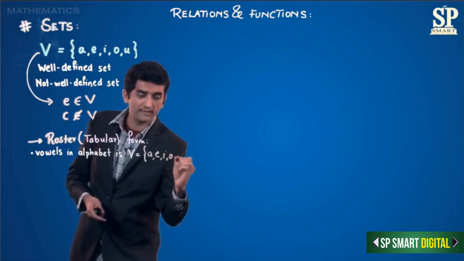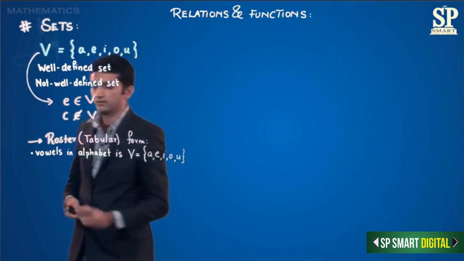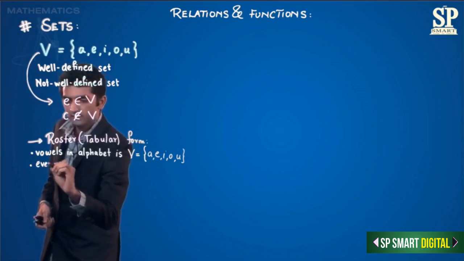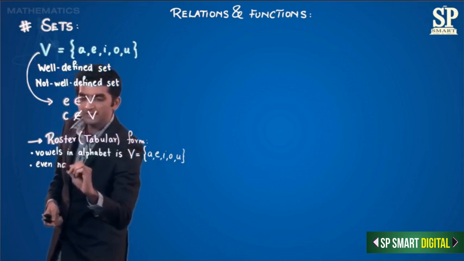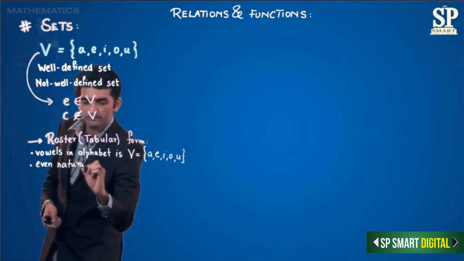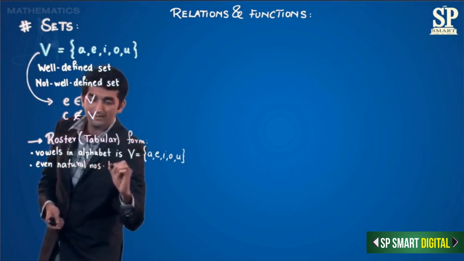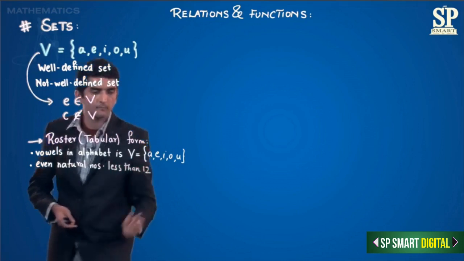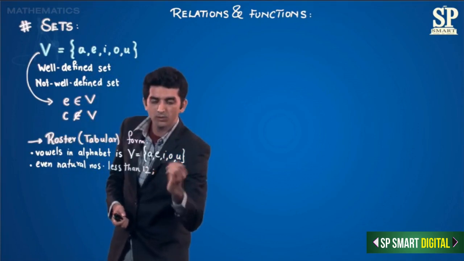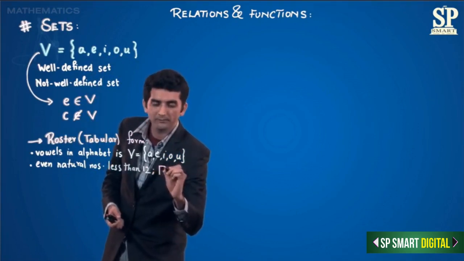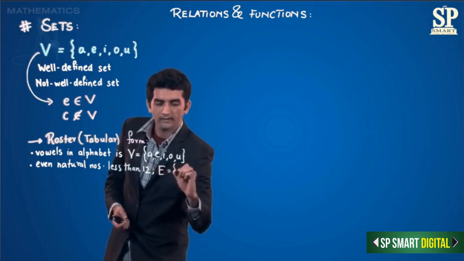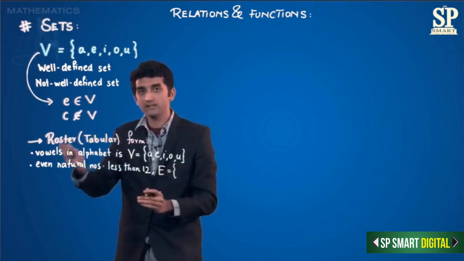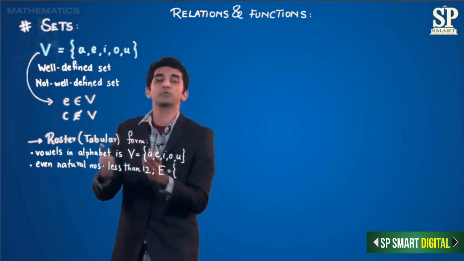Now let's take another example on this note. As we talk about numbers, even natural numbers less than 12, let's say. Let's mark this one as capital E. And this will be equal to, now natural numbers begin with 1, and the condition is that these numbers have to be even.